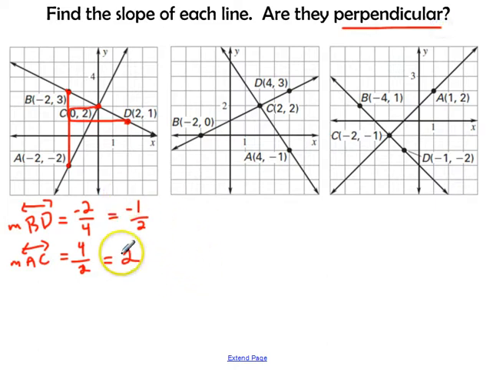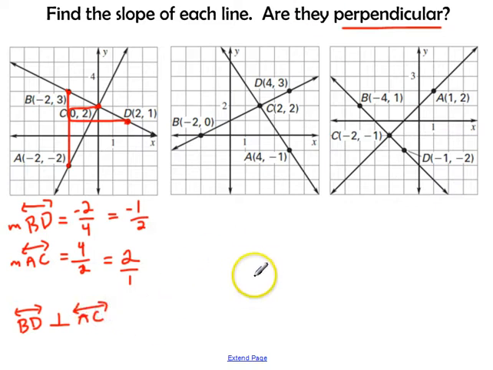So double check that one of them is positive and one of them is negative, and that it's the fraction that's flipped. So 1 over 2, 2, and technically this has an imaginary over 1. So these are opposite reciprocals, so we can say that line BD is perpendicular to line AC.